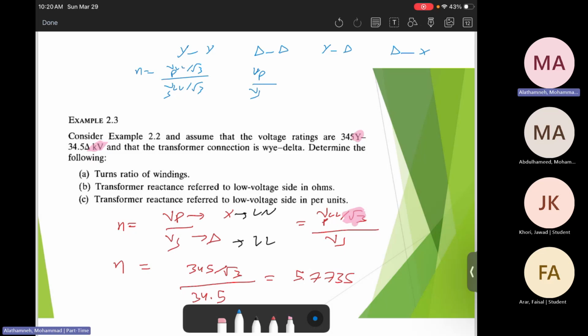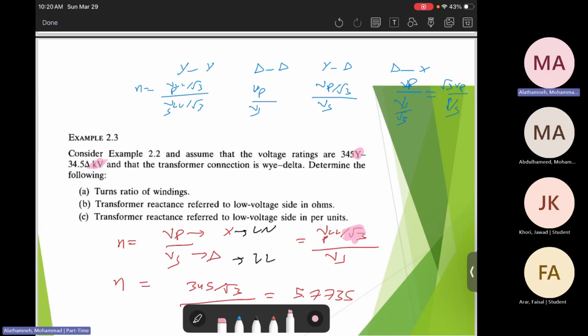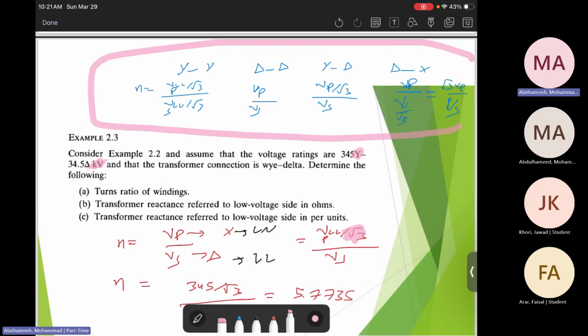For Y to delta, it will be V primary divided by square root of 3 divided by V secondary. The last one, delta to Y, will be V primary divided by V secondary divided by square root of 3, which yields square root of 3 times V primary over V secondary. That's the summary for the turns ratio.